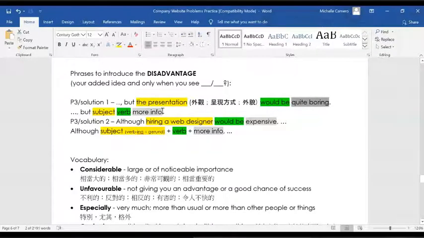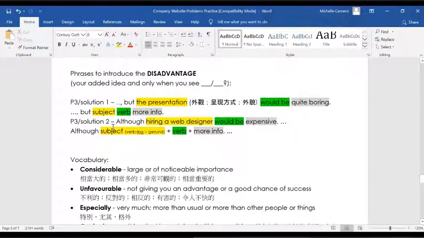You could say, but the presentation, I don't know, might not help very many people or something like that. So it doesn't always have to be an adjective at the end here. But you can use but, subject, verb, and then more information, which is basically like an English sentence, right? SVO. So SV, and this would be the O part.